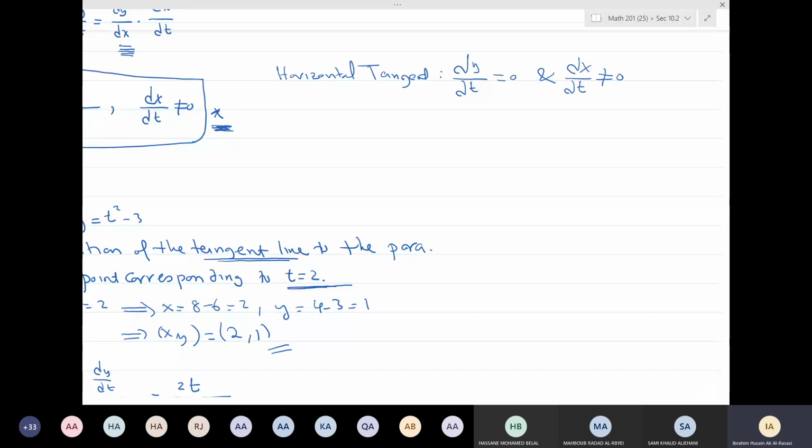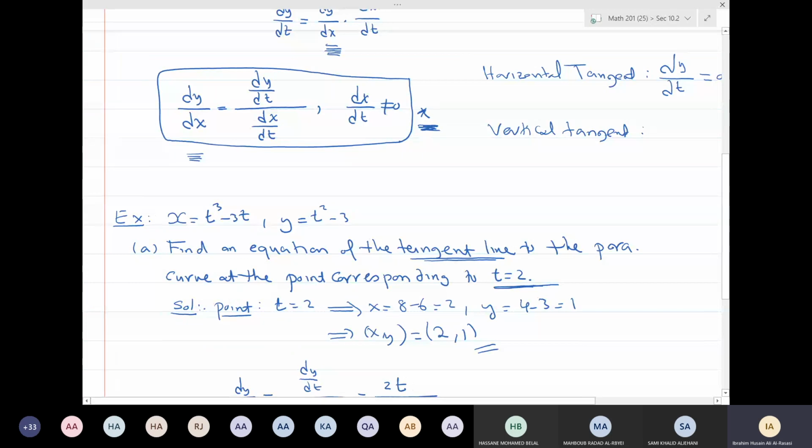Okay. When do you have vertical tangent? When the denominator dx/dt equals 0. Vertical tangent means the slope is undefined, or we say infinite slope.